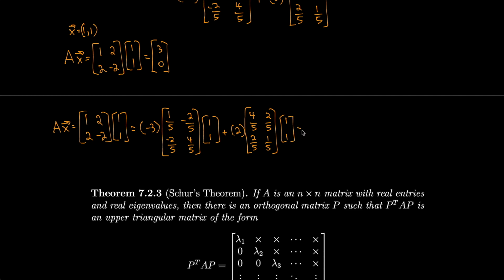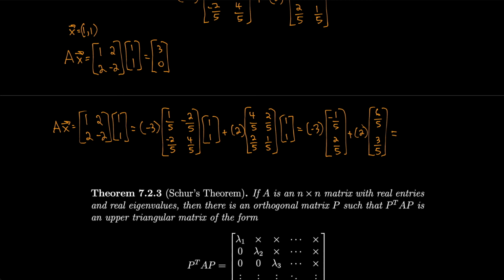which then becomes minus 3 times (-1/5, 2/5) plus 2 times (6/5, 3/5). So these vectors (-1/5, 2/5) and (6/5, 3/5) are the projections onto the eigenspaces of minus 3 and 2 of this vector (1, 1).